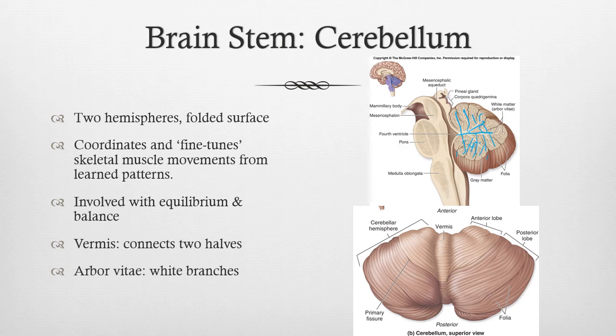So it's going all over inside there, and it spreads all throughout there. A large amount of connections occurring within all of that white matter, and a large amount of cell bodies. So a lot of gray matter there as well.